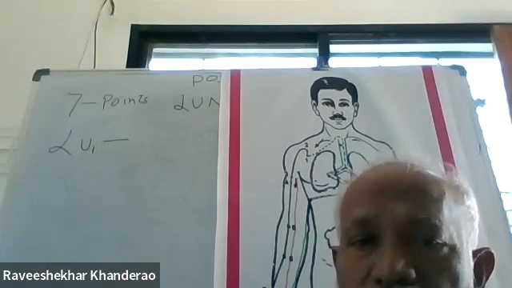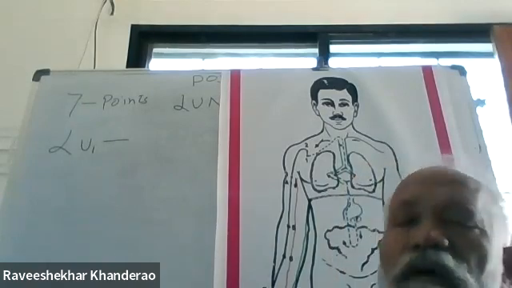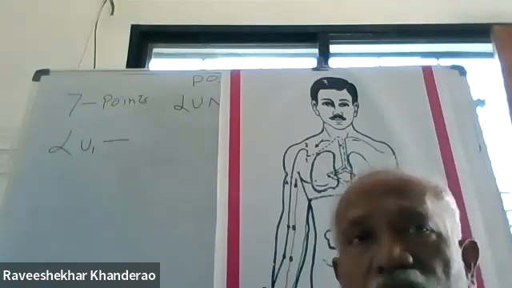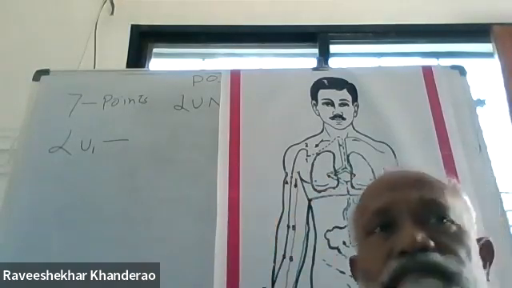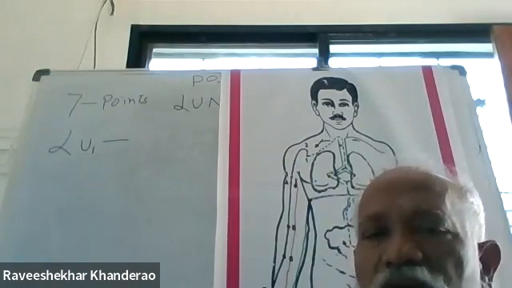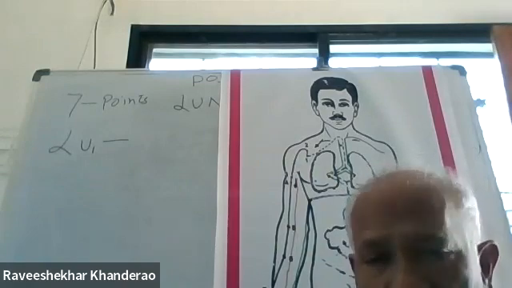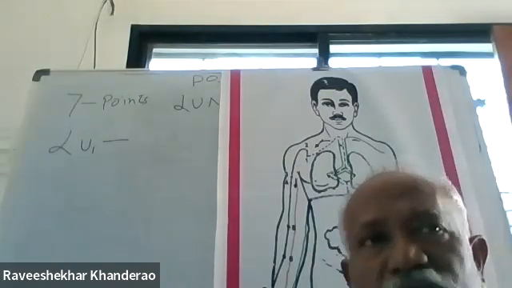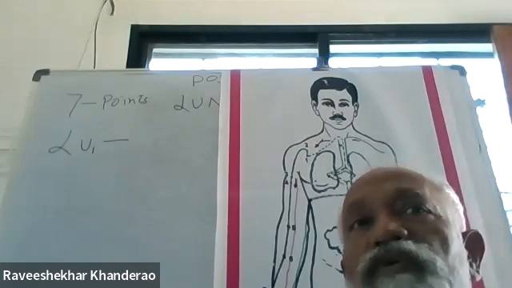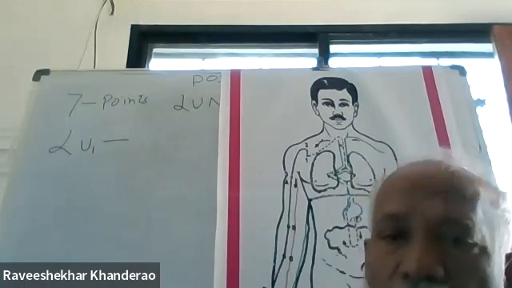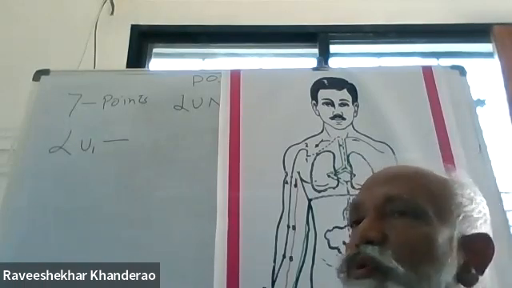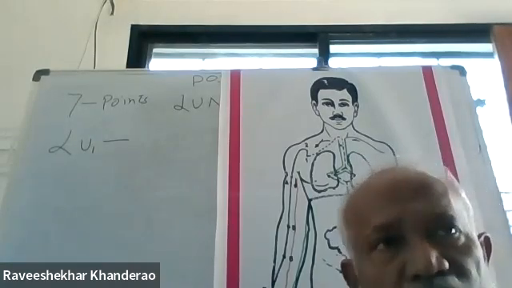So, information of the point. First of all, the organ is the lung, the coupled organ is the large intestine. The connective tissue is skin and body hair. The time in the organ clock is 3 a.m. to 5 a.m. Now, LU1 is the mu front point of the meridian.